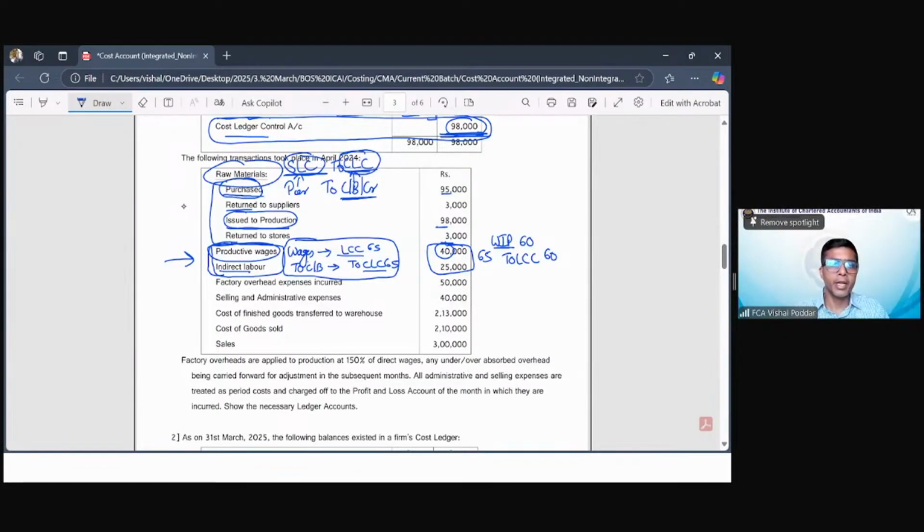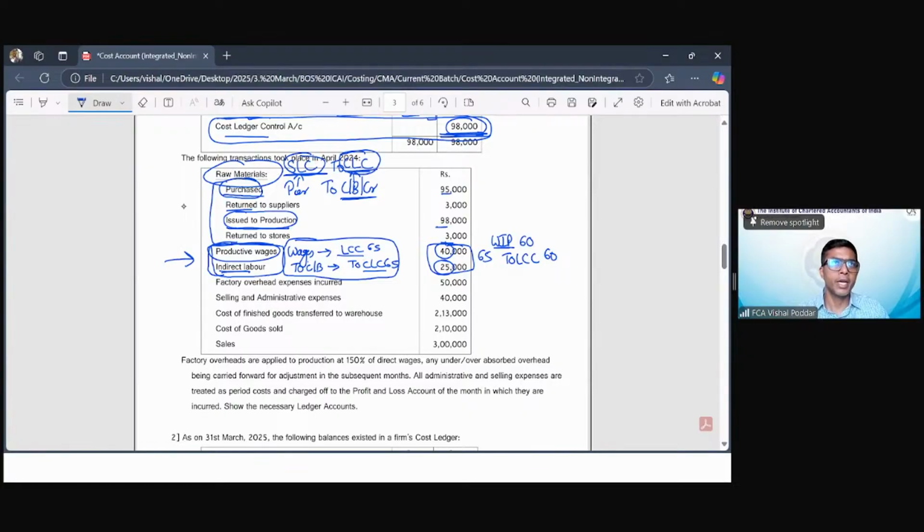Now the indirect labor, they have also worked. But if you remember, in the last session, when I was explaining the transaction, I said that all indirect would first be going to the overhead account because all indirect has to be named as overheads in costing. So whatever is your indirect, maybe it may be material or labor, you'll first transfer it to the overheads and then overheads will charge it by their name. So I have to transfer this amount to overheads.